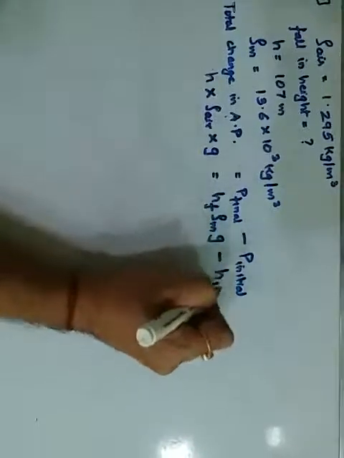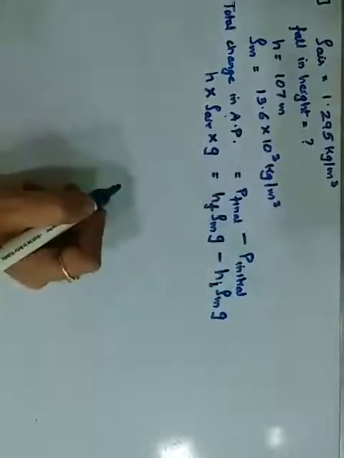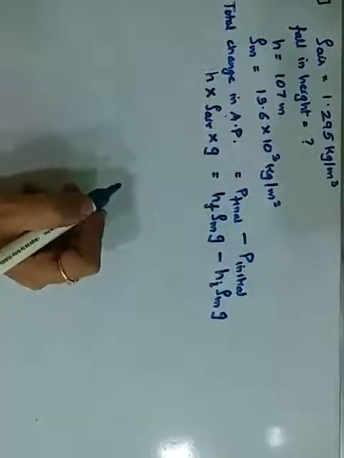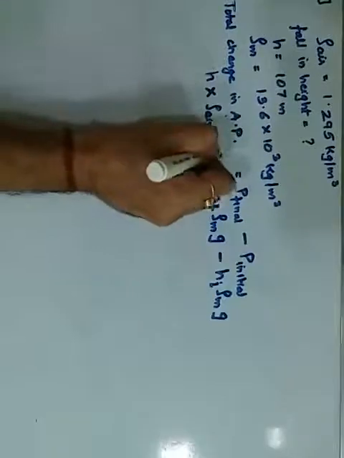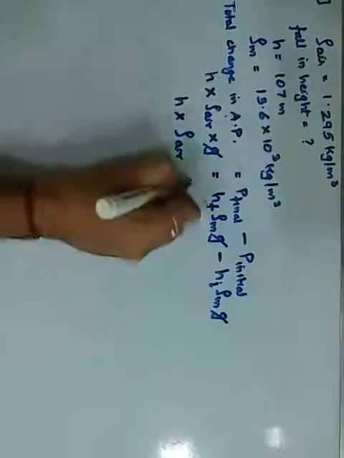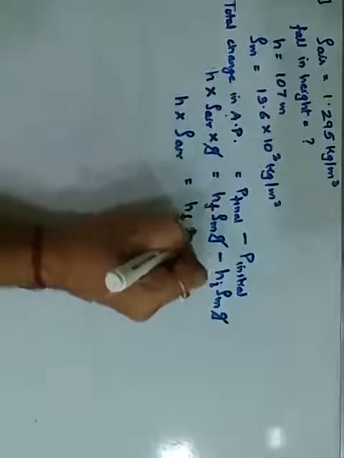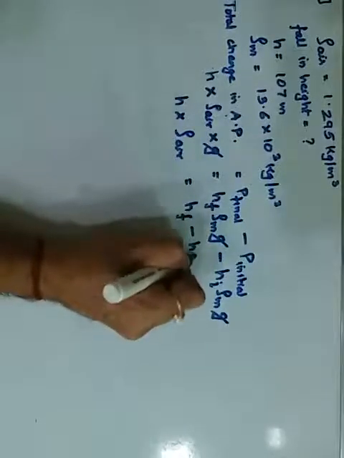Height is the initial height, rho is for mercury and G is for gravity. Now listen carefully. Everywhere G and G cancels. What is left is H into atmospheric density of air, then final height minus initial height.